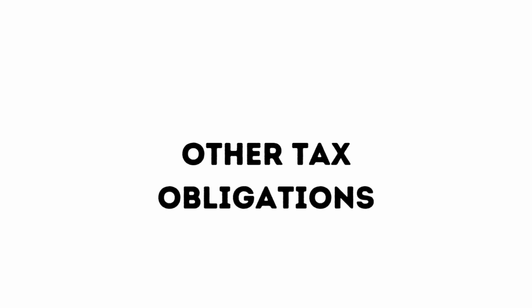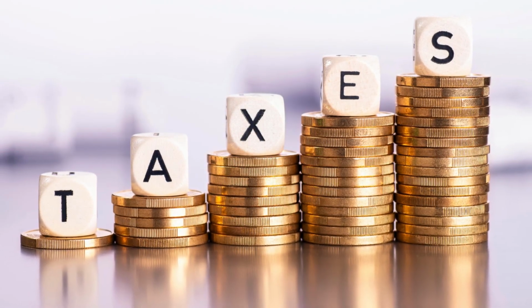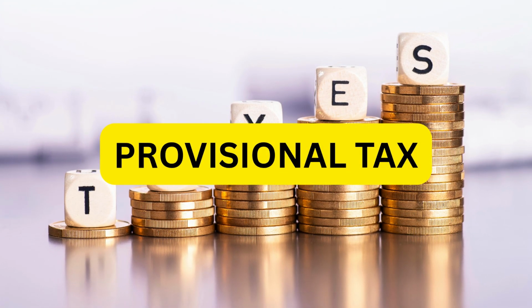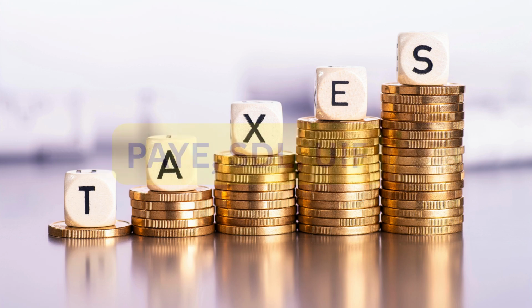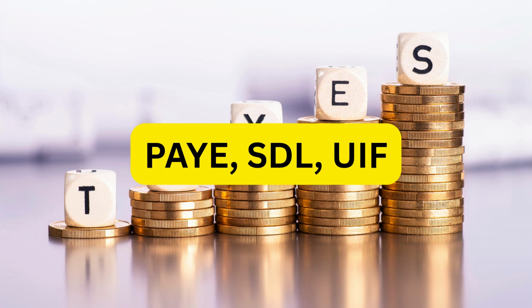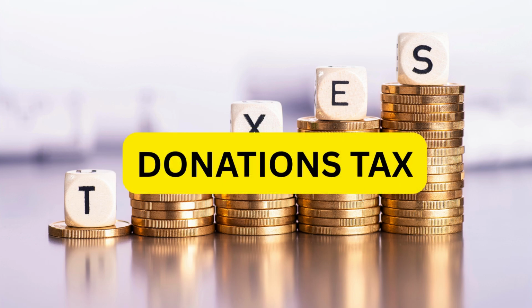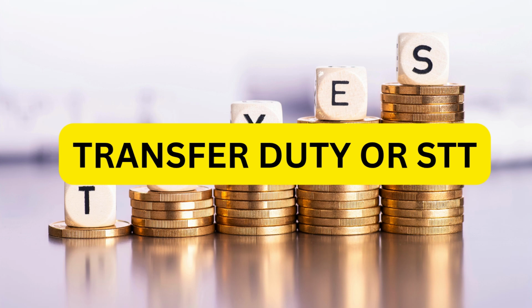Depending on the trust's activities, registration may be required for: provisional tax if the trust earns non-salary income; PAYE, SDL, and UIF if the trust employs people; VAT if annual taxable turnover exceeds 1 million rand; donations tax on assets donated into the trust, which will be at 20 to 25%; and transfer duty or STT when transferring property or securities into the trust.